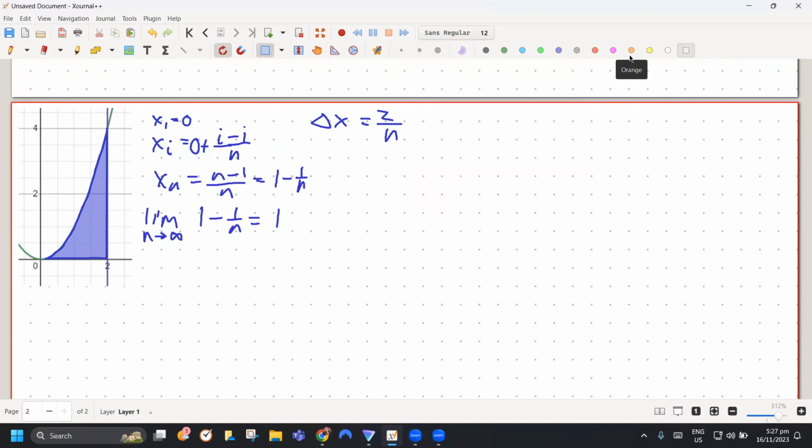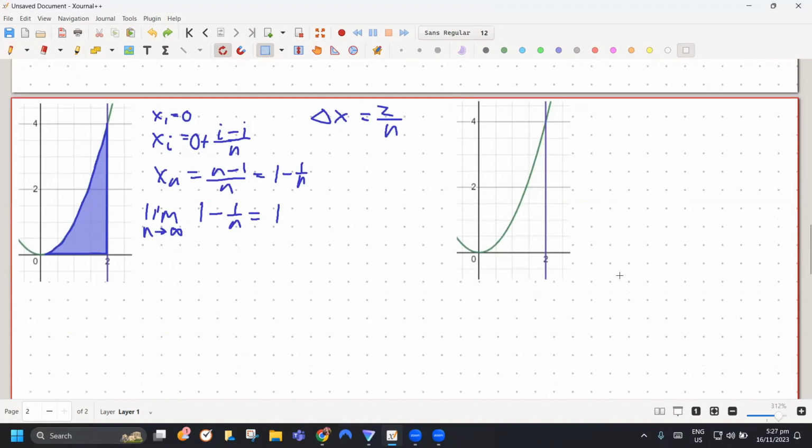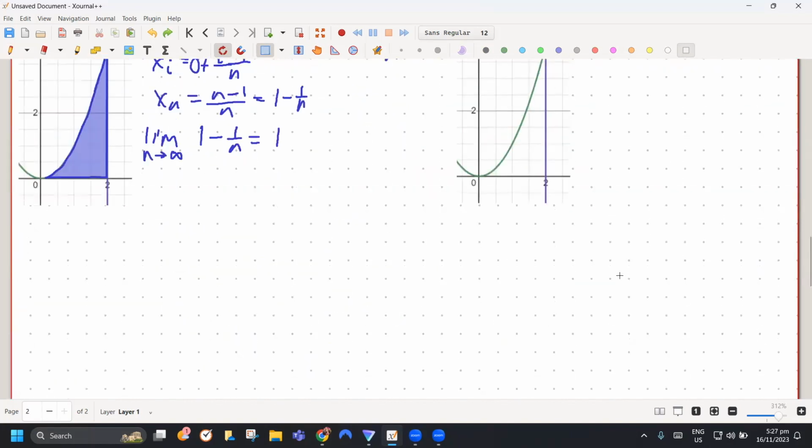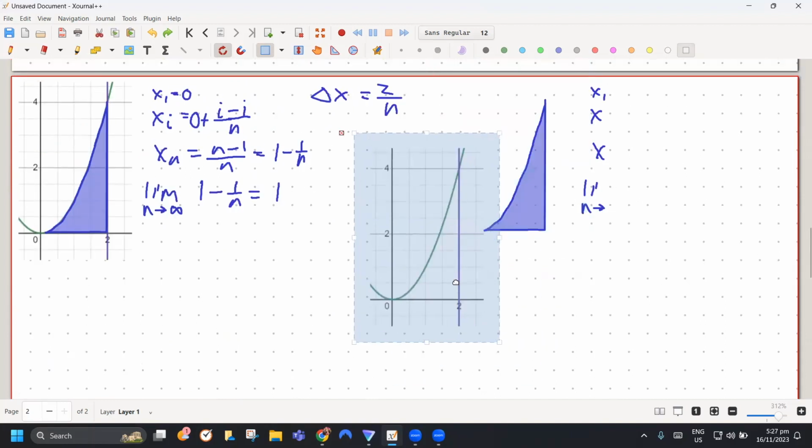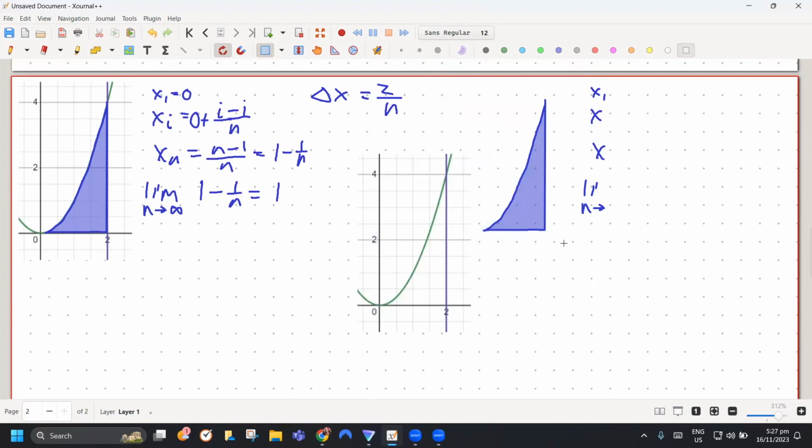Wala bang undo? Wala. Okay, so it came under.